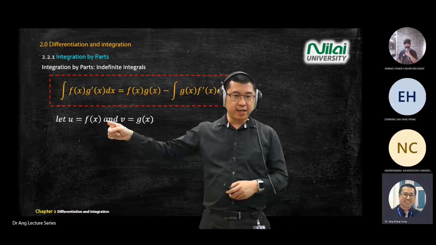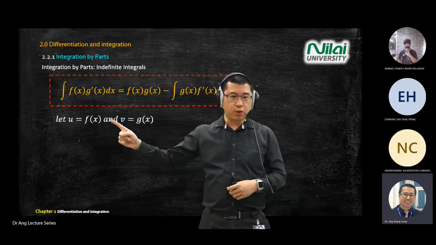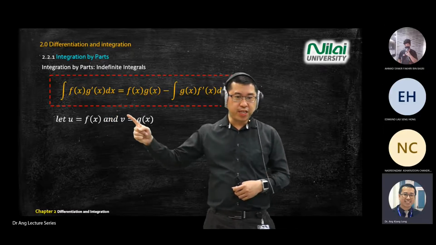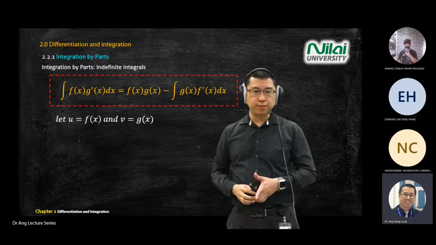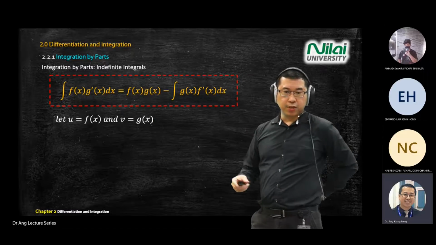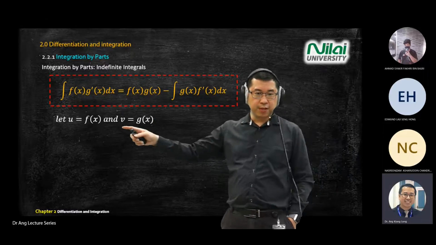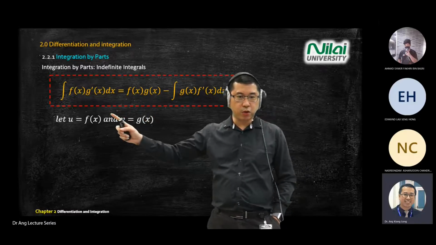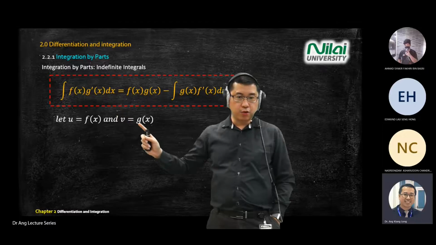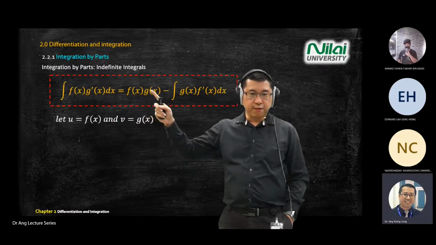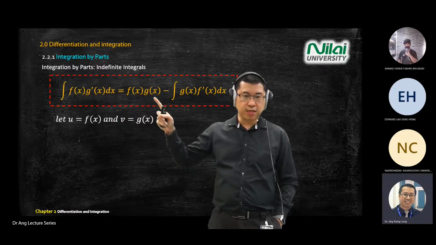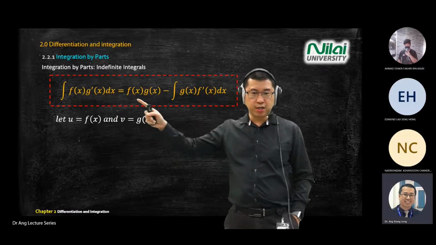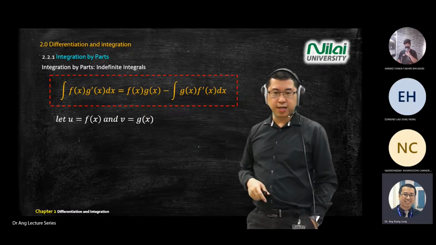So you let u equal to function f, v equal to function g. These are the general steps. First, you let u equal to something, v equal to something. You look at the question, define this one as u, this one as v, and write this out in the answer sheet.